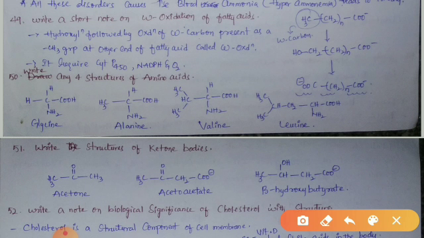Glycine has hydrogen at the R position, alanine has a methyl group at the R position, valine has an isopropyl group at the R position, and leucine has a 2-methyl propyl group at the R position. The remaining is the general structure, which is common for all. By keeping in mind these R positions, you can easily write the structures.